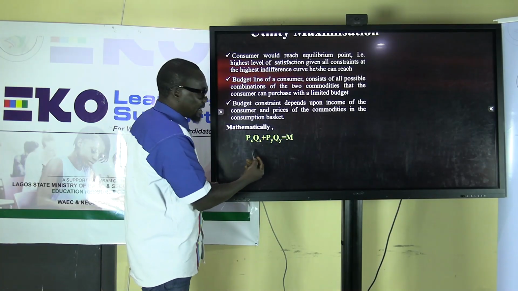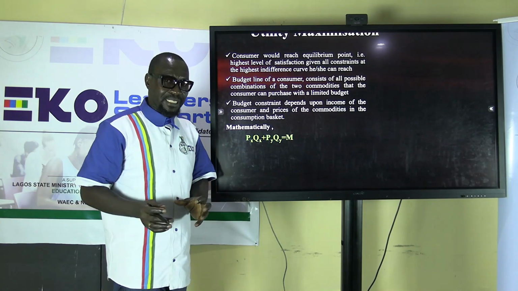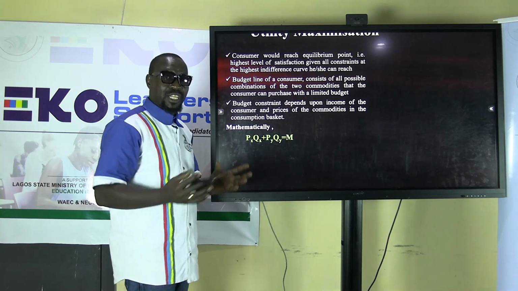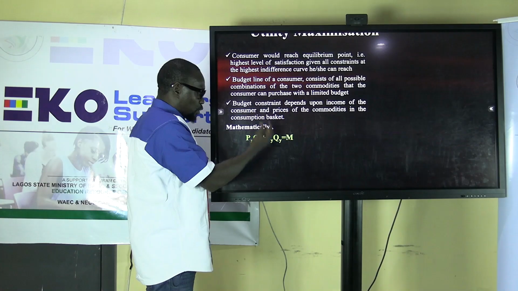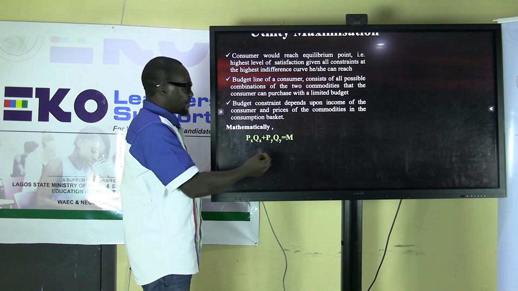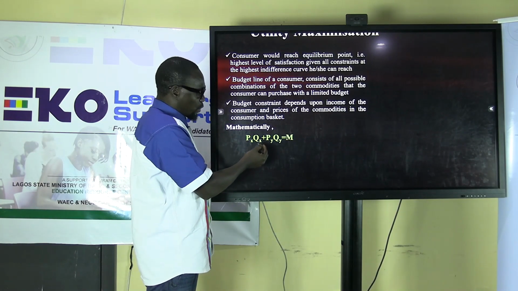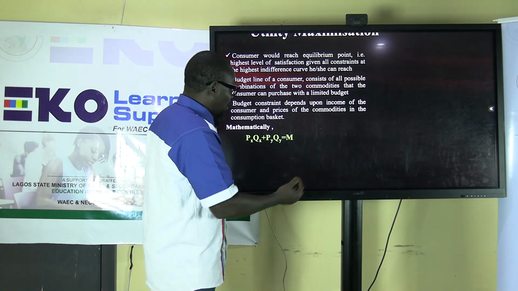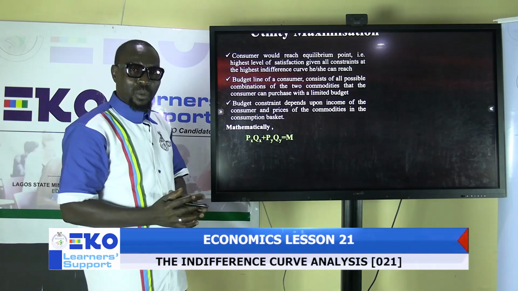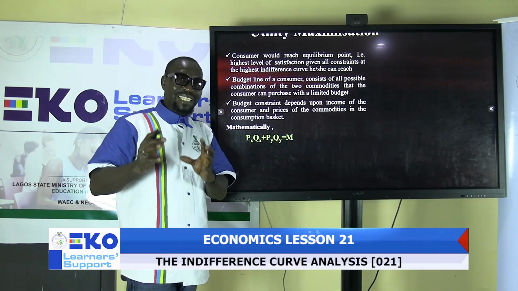Now, we use two commodities here for the ease of analysis. It can extend to as many commodities as possible. So you can have commodity 1, commodity 2, where your M would now be equal to P1Q1 plus P2Q2 plus P3Q3 up till Pn Qn, depending on the number of commodities under analysis.